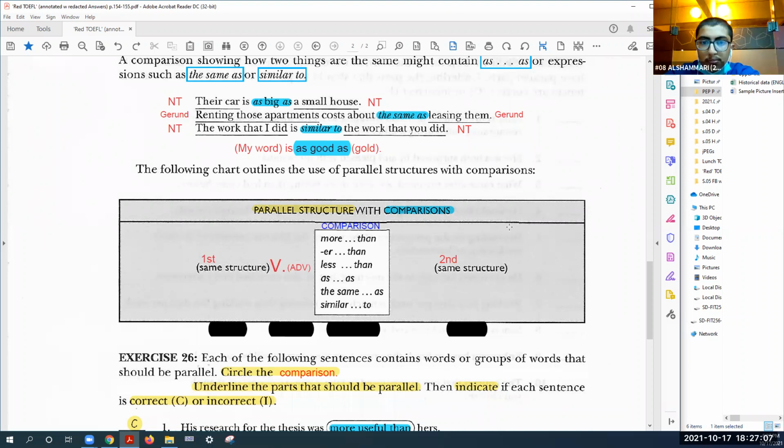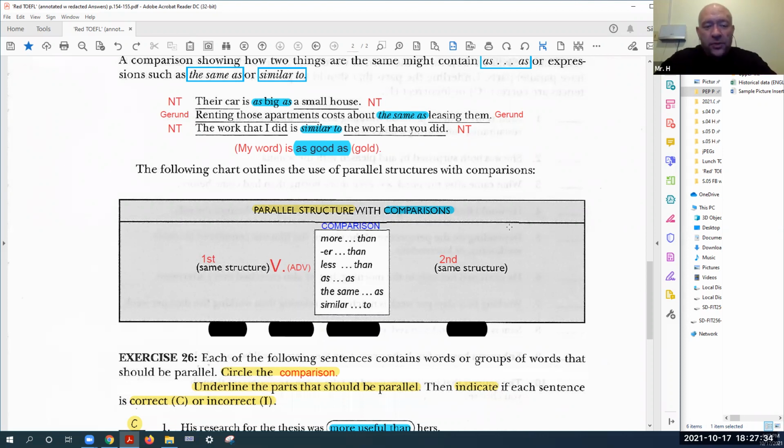There are exactly two. You must have two every time. Why? Because comparison always requires two things or two people. Do you understand? Okay.